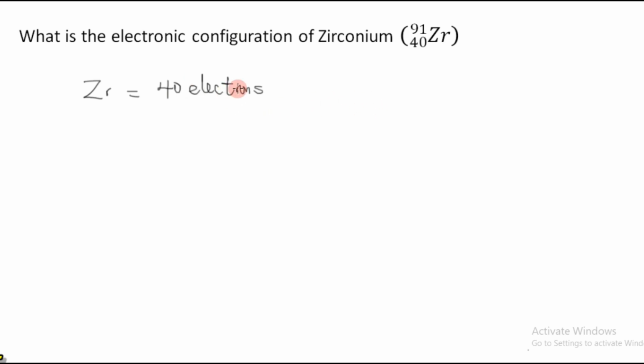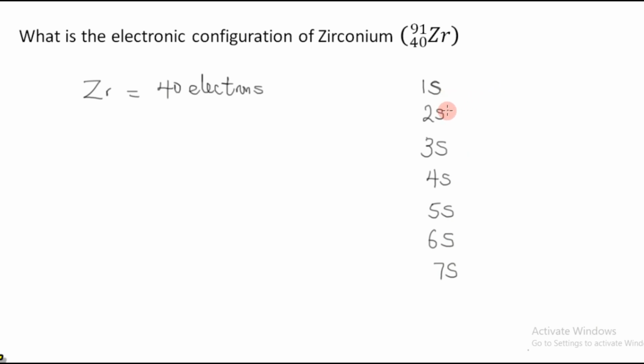The Aufbau principle states that electrons fill orbitals in order of increasing energy level. So the order of increasing energy level goes like this. We have 1s, 2s, 3s, 4s, 5s, 6s, 7s, right?